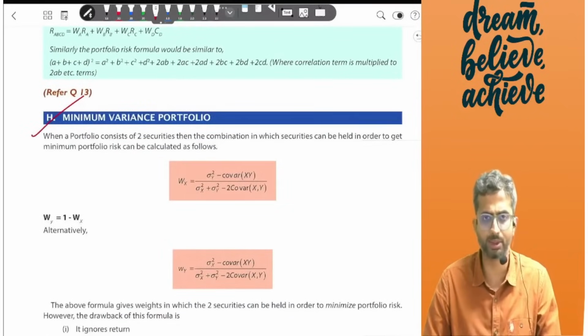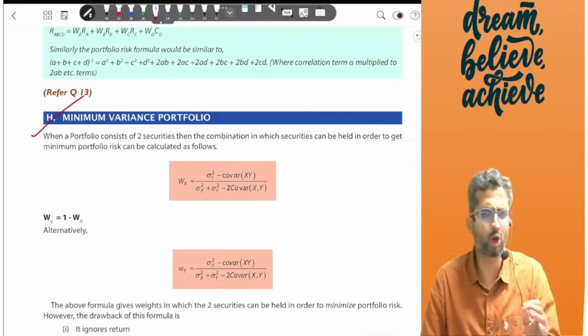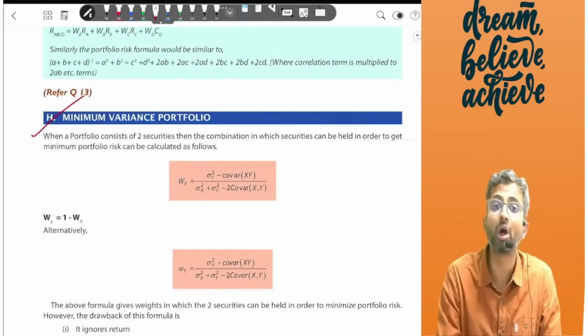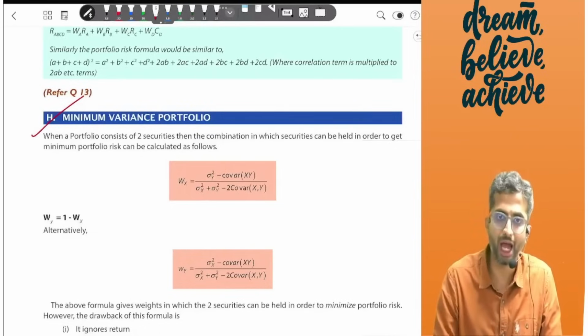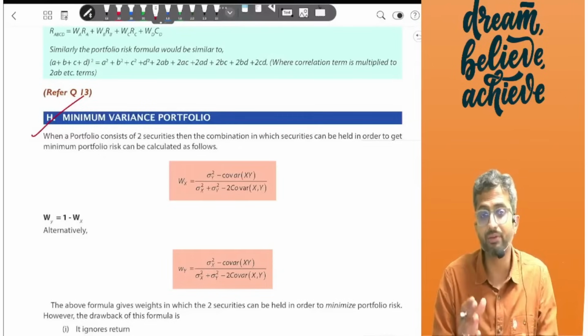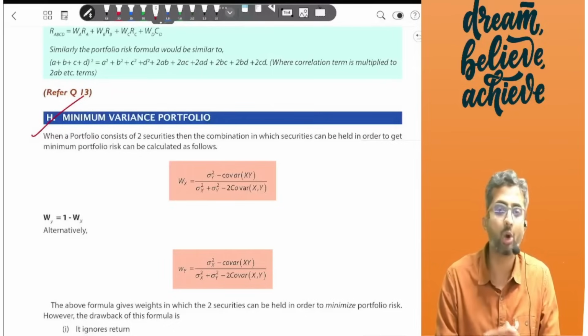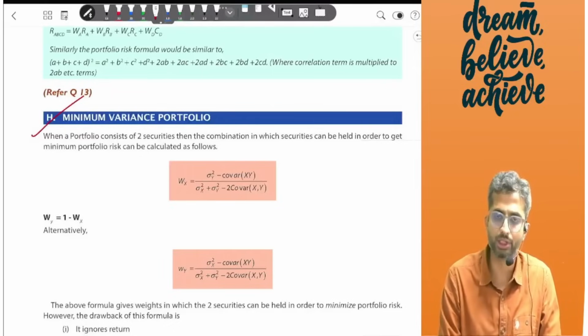Then you have the minimum variance portfolio. A minimum variance portfolio, not very important from an exam perspective, is a formula given to start with for a 2 security portfolio. In a 2 security portfolio, you will have the weights selected in such a way that the portfolio risk is minimized. So how will you select weights in such a way that the portfolio risk is minimized?